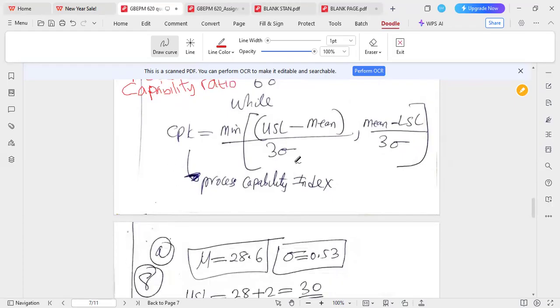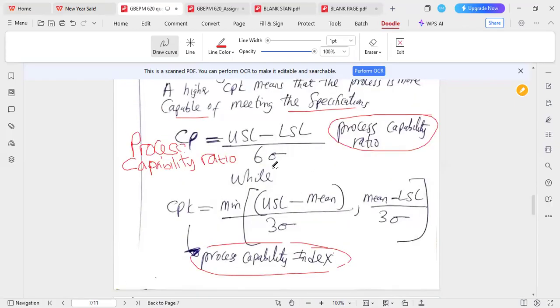Then CPK is the process capability index. CP uses the 6 sigma limit.